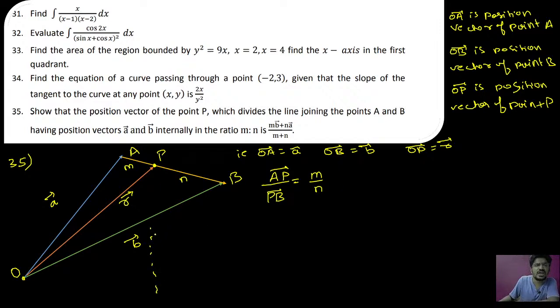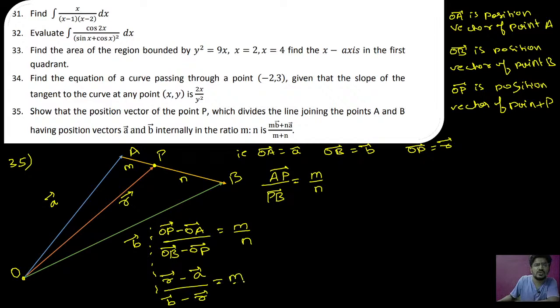I will write vector AP here, that is OP minus OA, divided by vector PB, which is OB minus OP, equals m by n. OP is R, OA is A, OB is vector B, OP is R, equals m by n.